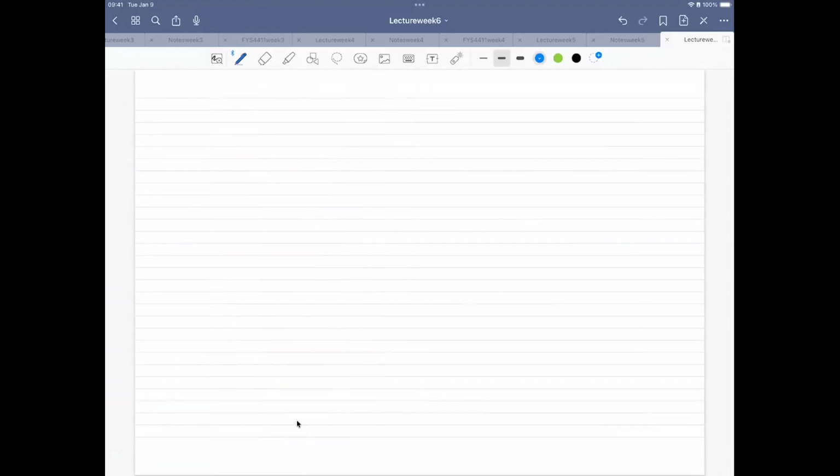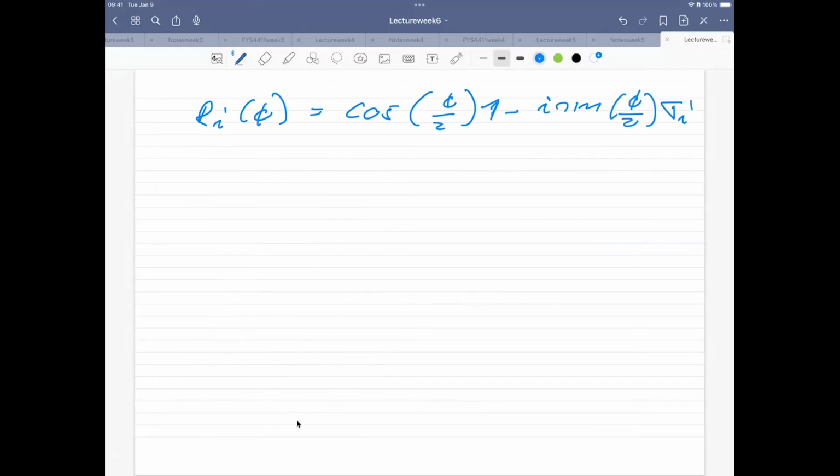Now then, we have some additional information which we can use. So if we look at these rotation matrices, this is something which is given by cosine, and if I now plug in the angle, I would have identity minus i sine of phi half multiplied by sigma i.